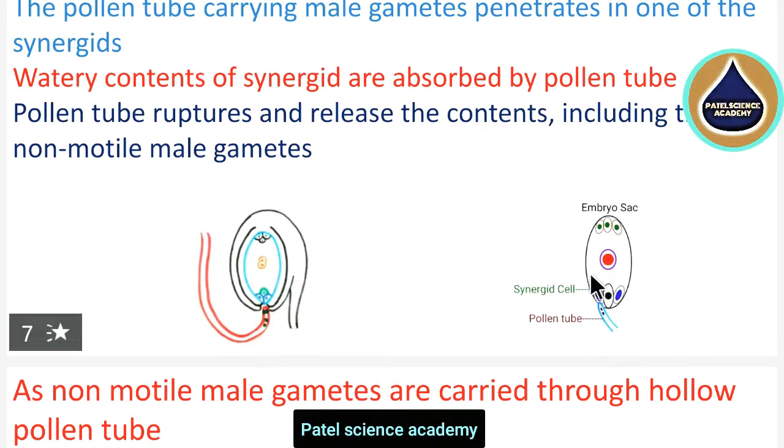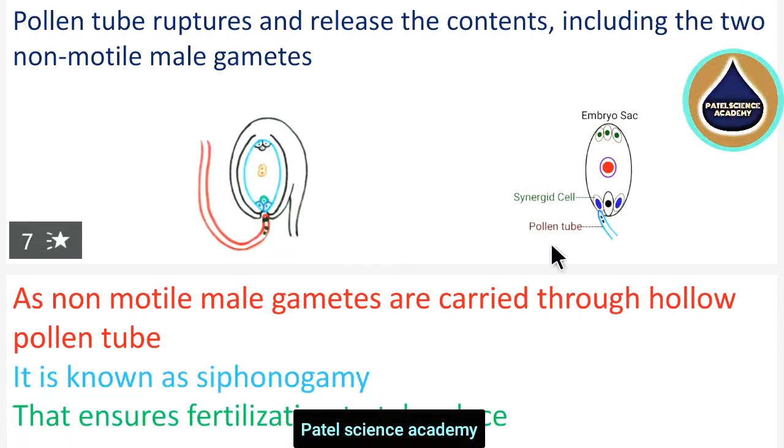So when this pollen tube enters the nucellus through porogamy, by the micropyle region, it goes for the synergid, and the synergid's watery content is absorbed by the pollen tube. Then the pollen tube ruptures and releases its content, that is, two male gametes coming from this pollen grain.